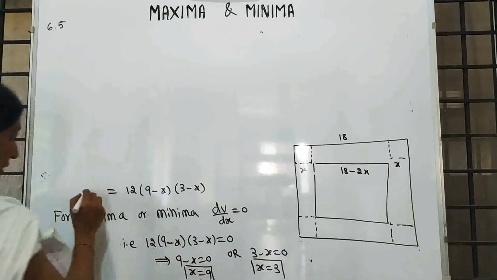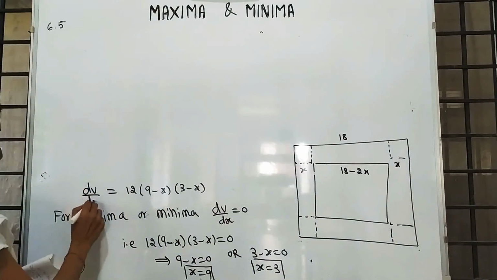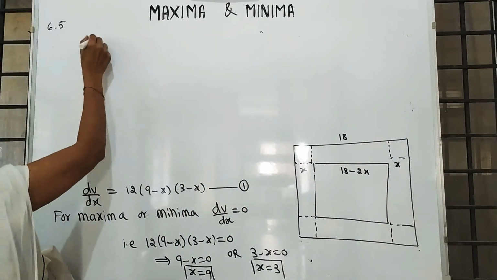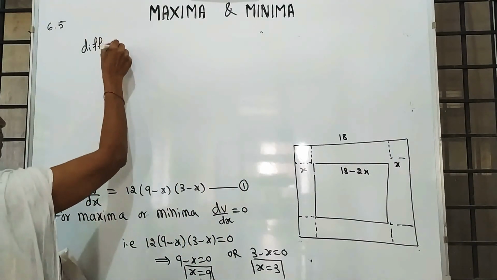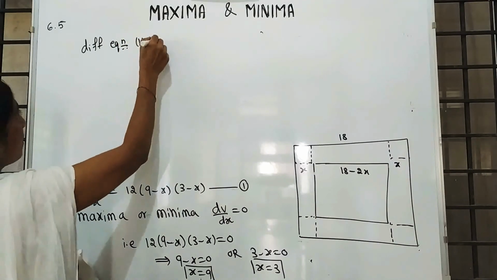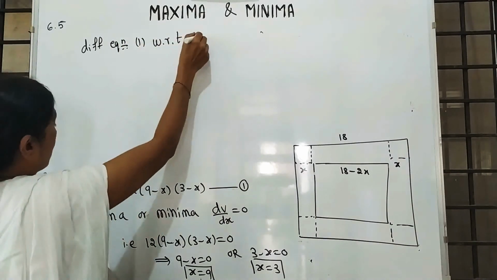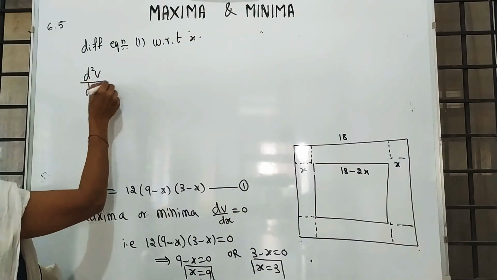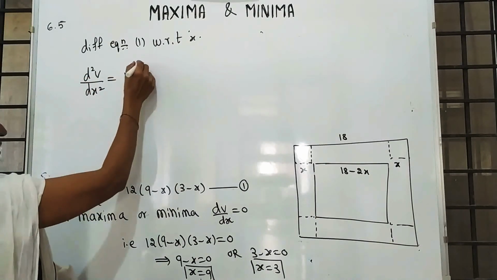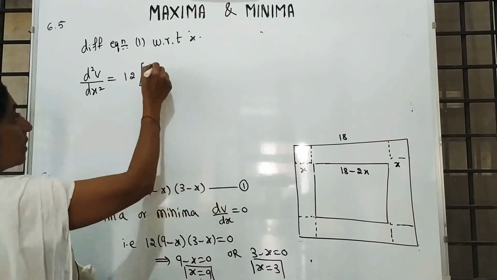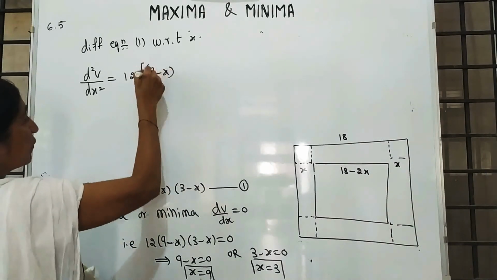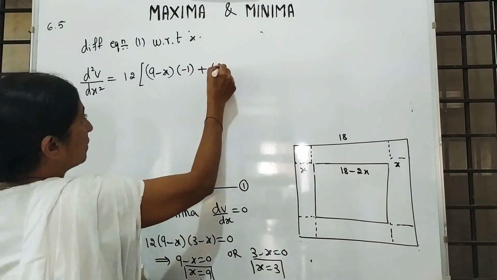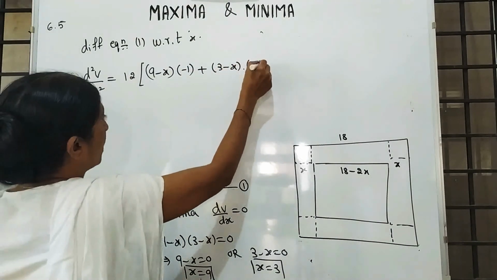This is the first derivative, equation 1. Differentiating equation 1 with respect to x, d square v upon dx square is 12, as it is in the bracket, u into v: 9 minus x, differentiation of 3 minus x is minus 1, plus 3 minus x into minus 1.